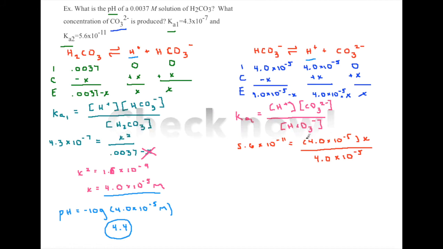Well, I find that these cancel, which leaves me with X equals 5.6 times 10 to the negative 11th. Well, X is my concentration of carbonate. Therefore, my concentration of carbonate equals 5.6 times 10 to the negative 11th molar.